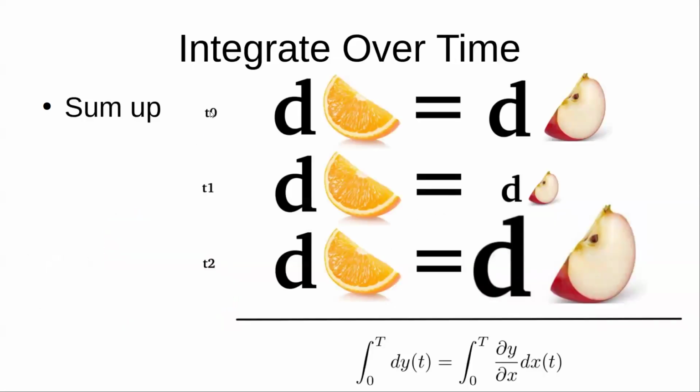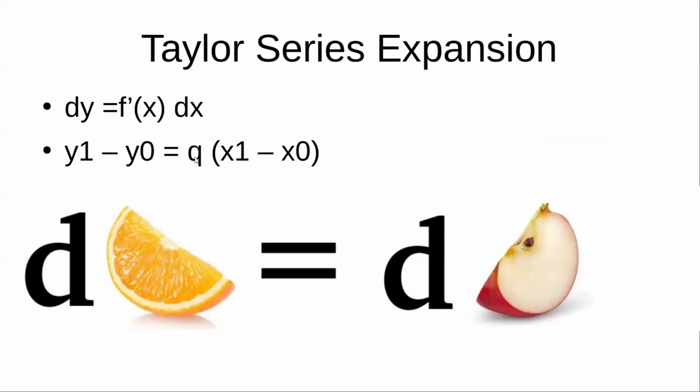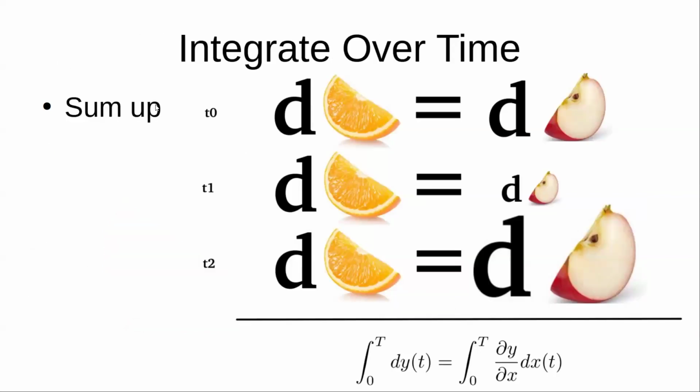We have different days, day 1, day 2, day 3, and we have the slices of the orange, the change in option price in each day, and they depend on the change in stock price, but taking smaller or bigger chunks of that apple. So that's why this Q before, which is actually this derivative.